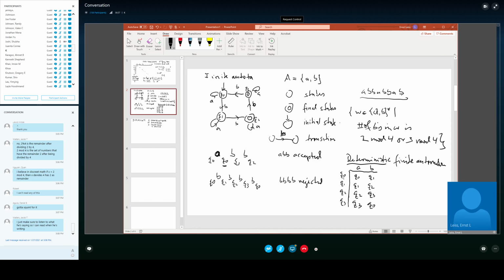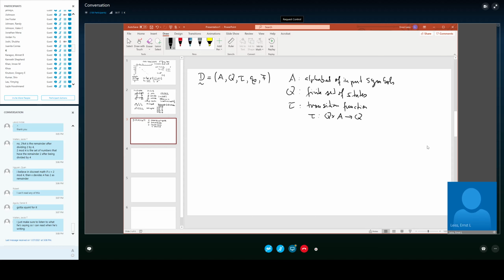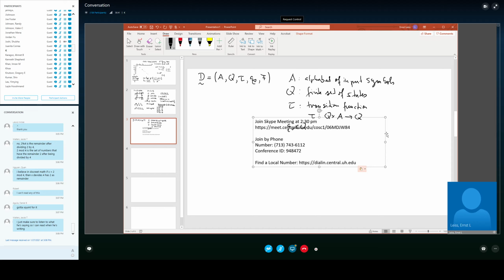You're given a state, say Q1, and a letter, say B, and that will give you another state, Q2. And then you have Q0 has to be an element of capital Q. That's why I didn't really have to write down that capital Q has to be non-empty, because we stipulate that Q0 at a minimum is in capital Q. This is called the initial state.